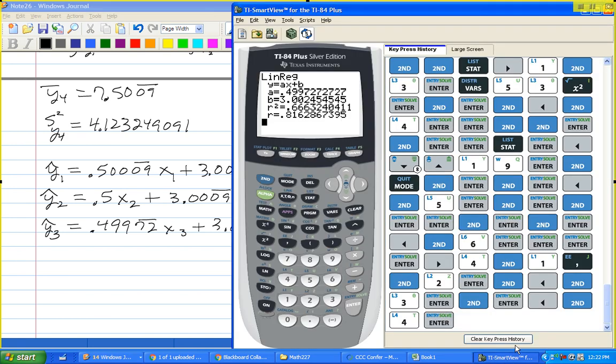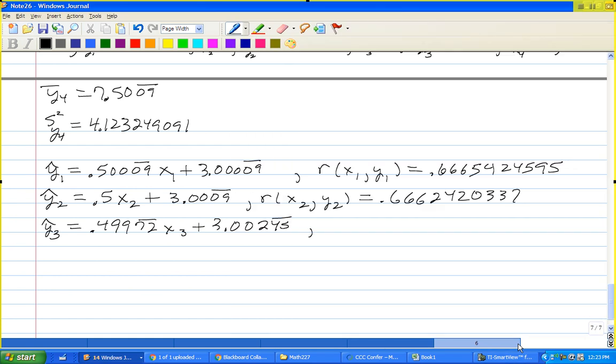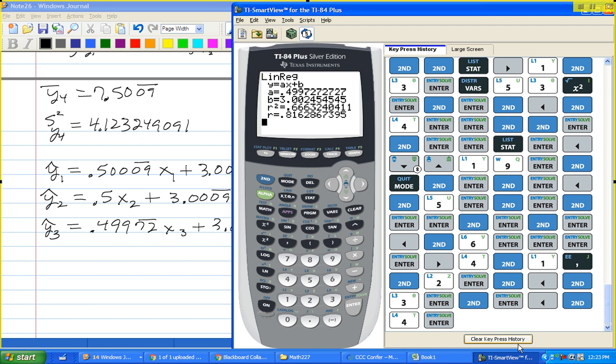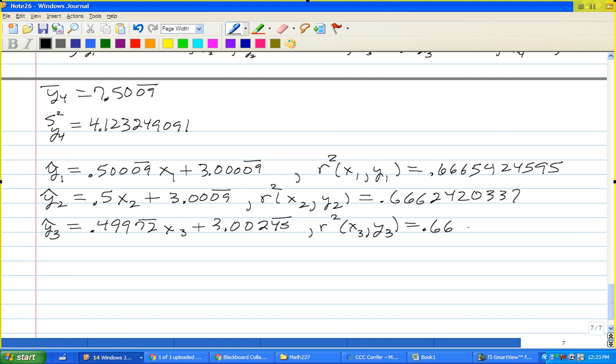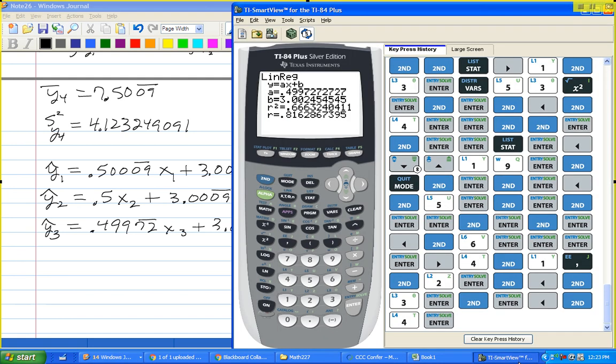Was I looking? I was always looking at r squared, wasn't I? Doesn't matter. I'll call these r squares. X3, Y3. I looked at r squared. 3 sixes, 32. 40.